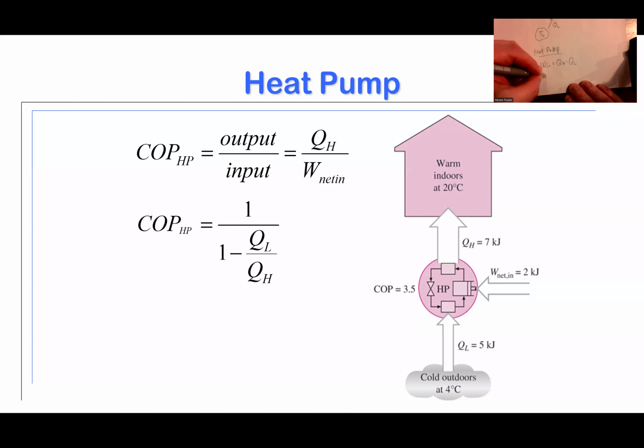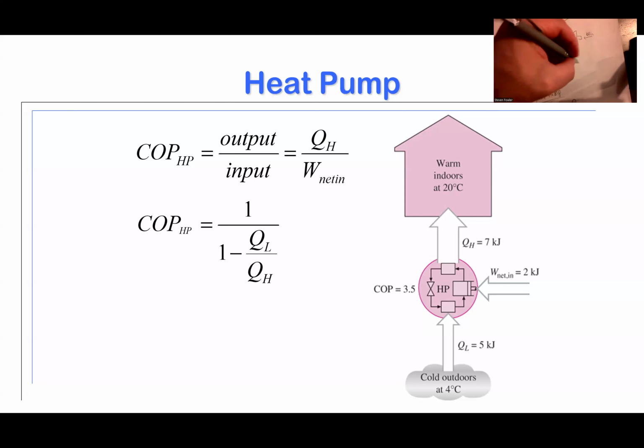The coefficient of performance for a heat pump: what I want now is QH, and to get it, I have to put work in. If I take this work in, QH minus QL, and plug it in right there, this becomes 1 over 1 minus QL over QH.